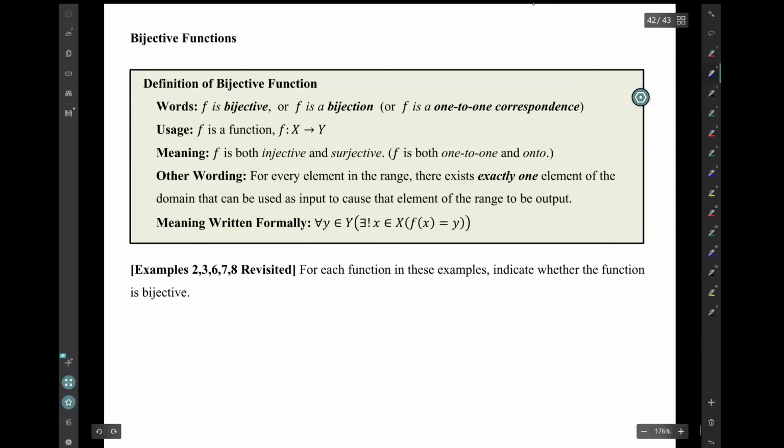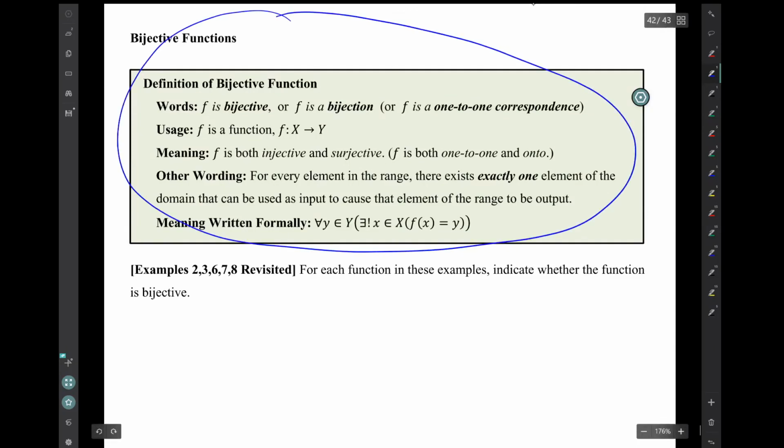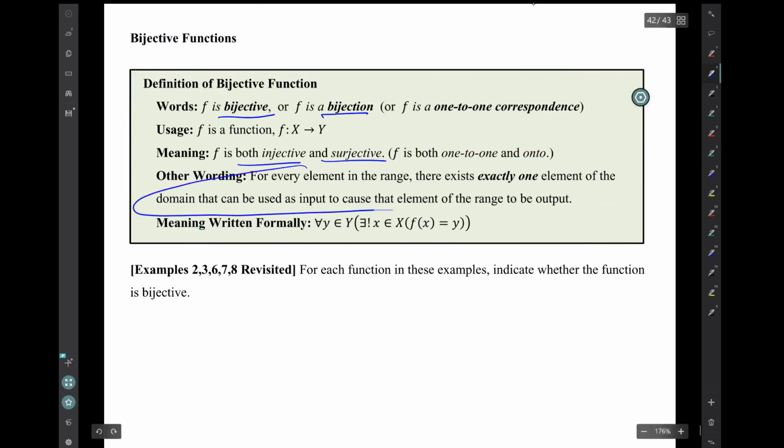Let's go on. Finally, I want to talk about bijective functions. To say that a function is bijective, in some books this phrase is used, one-to-one correspondence, means that the function is both injective and surjective. In some books, they would say f is both one-to-one and onto. We're not going to use that terminology. We're going to use injective and surjective. It means that for every element in the range, there is exactly one element of the domain that can be used as input to cause that element of the range to be output.